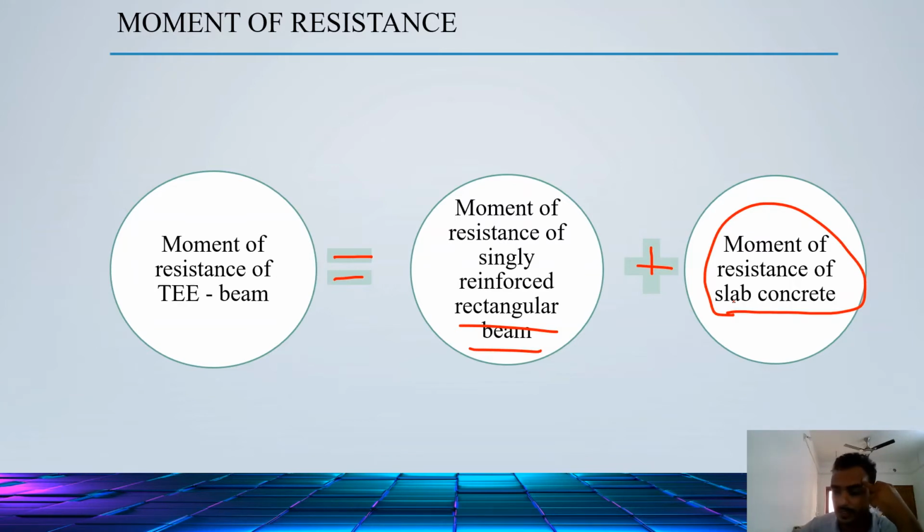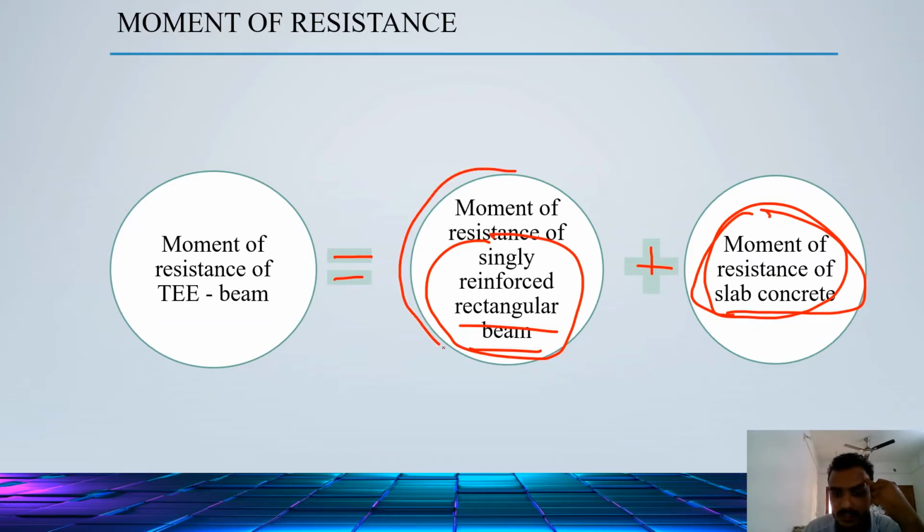What we discussed earlier, in a T-beam we have one singly reinforced beam and some slab portion. So to find the moment resistance of the T-beam, we need both moments, one for the beam and second for the slab concrete. Understood?